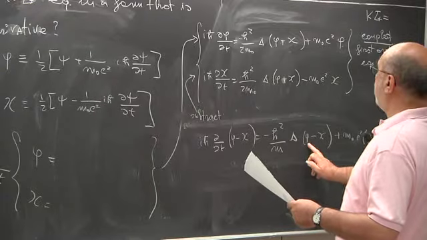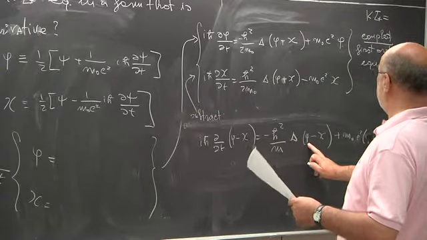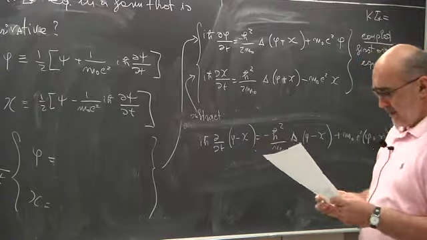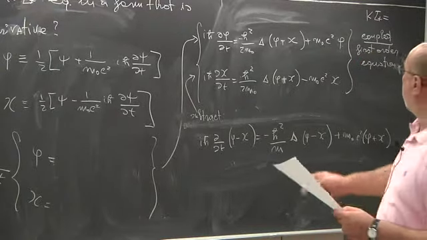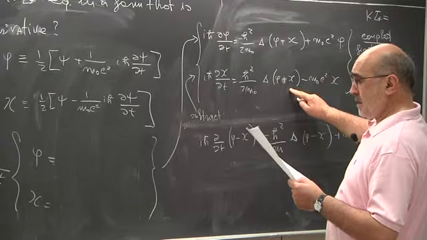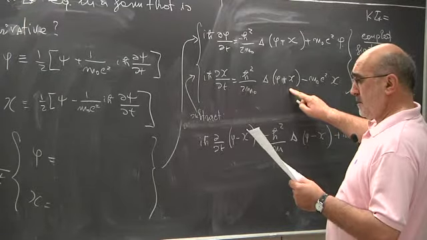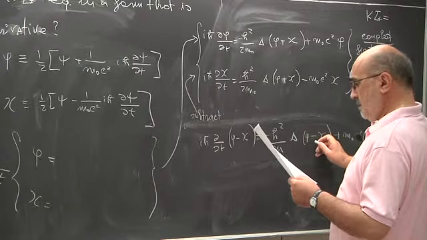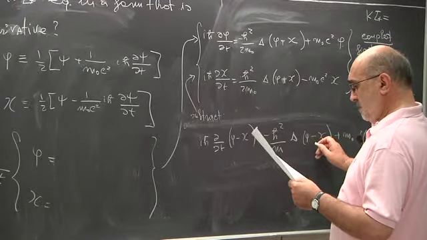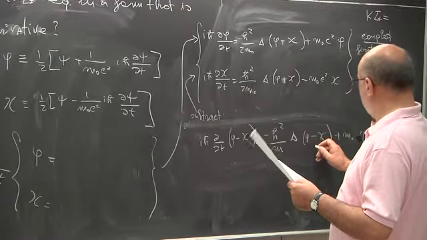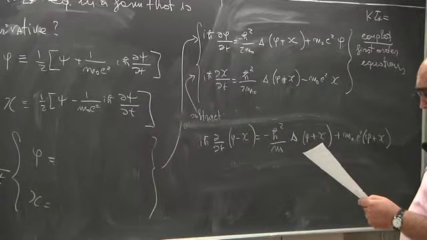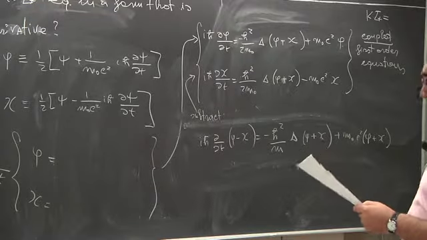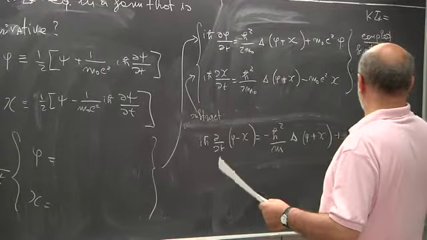And I get, if I subtract, I should get away a chi. Why do I have it? I have it because I made a mistake here, maybe. No, it's okay. Right. Okay. Now we have got this equation.